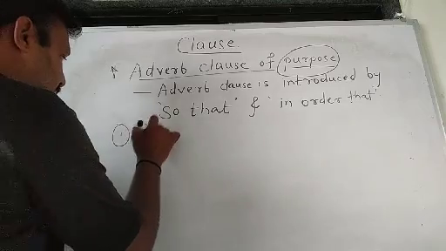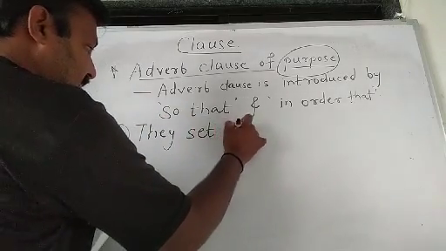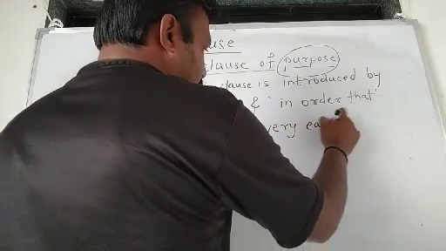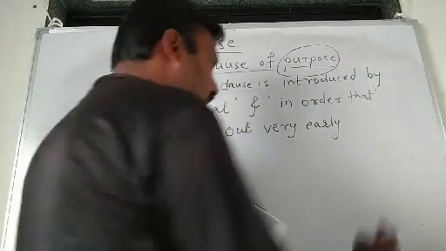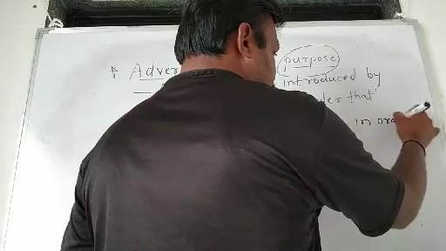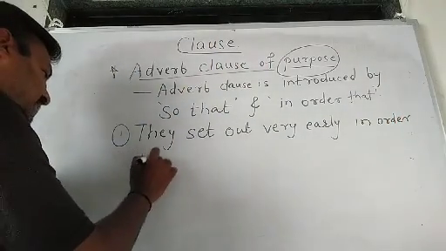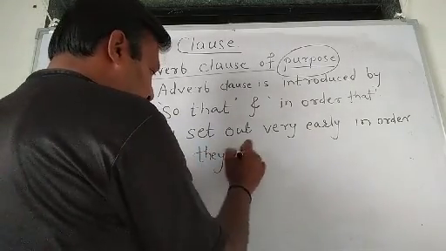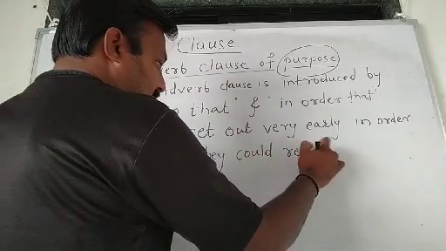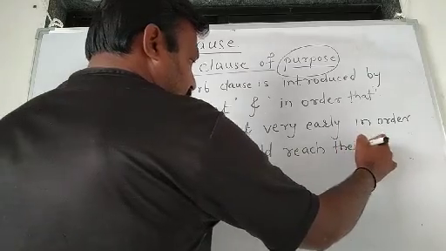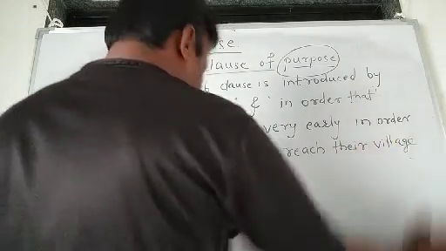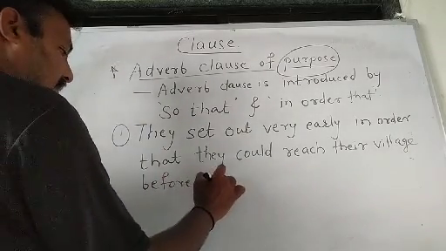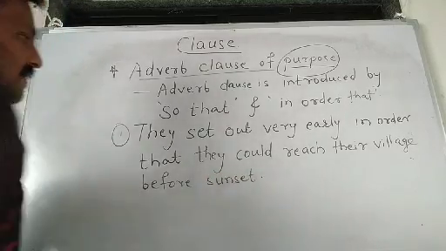First example: They set out very early in order that they could reach their village before sunset.